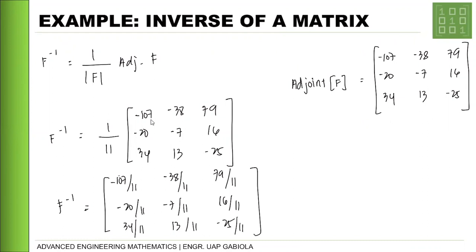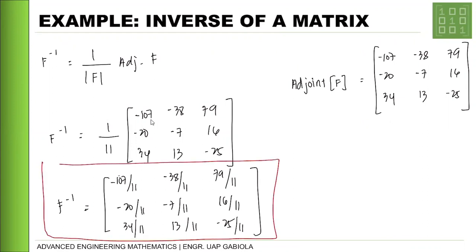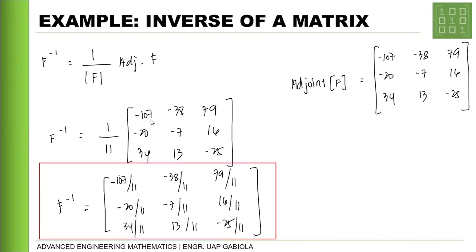That will be our final answer para dun sa inverse ng matrix natin. Okay? So, pwedeng i-change lang into decimal form, pero yan na yung inverse ng matrix natin using tong minor, cofactor, and adjoint solution.